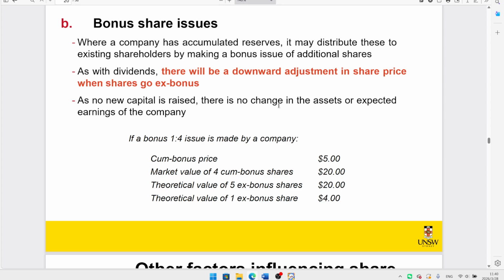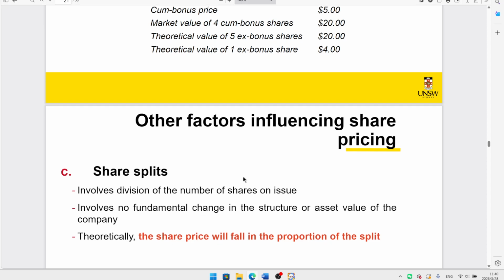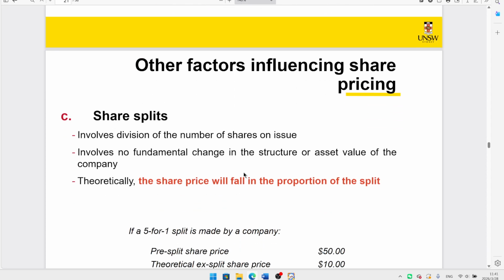Next is the bonus share issue. Next is about the share split.